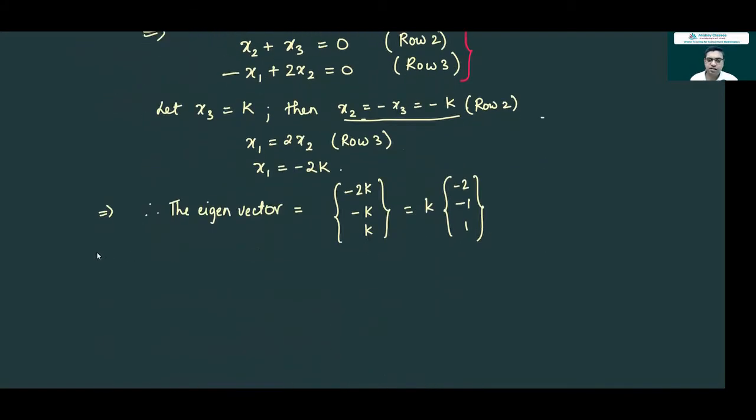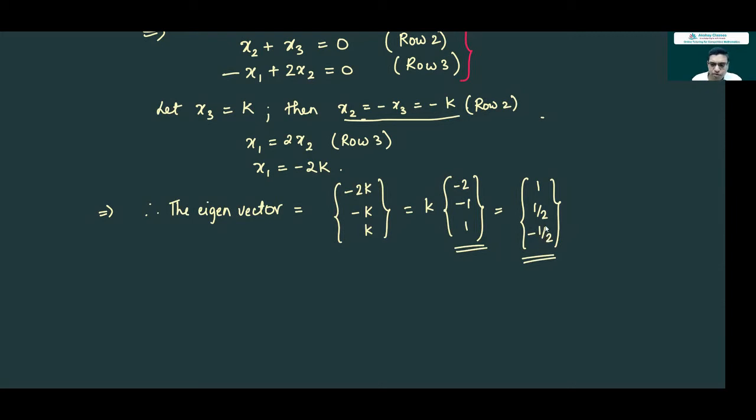Now we can of course make this completely different. Suppose you write k as minus half. Then your eigenvector can be 1, half, minus half. This also is your eigenvector, because minus 2, minus 1, 1 is an eigenvector, or 1, half, minus half is also an eigenvector.